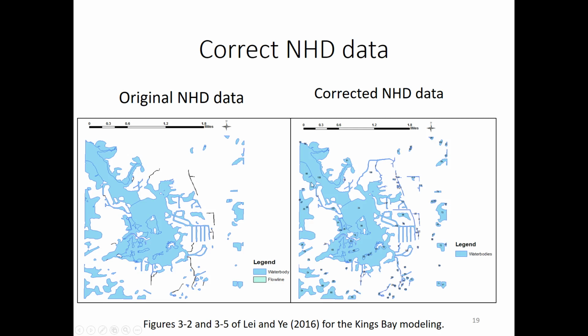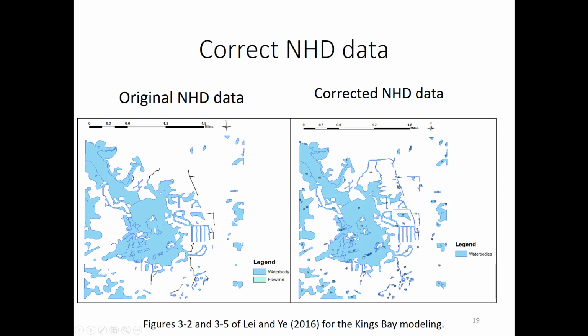So this is the figure we made. This is the original NHD data we downloaded, and then we went through Google Earth. Google Earth is good for this work, and then we modified the water body. For example, we added a water body in this area, and then we changed water polylines into polygons.